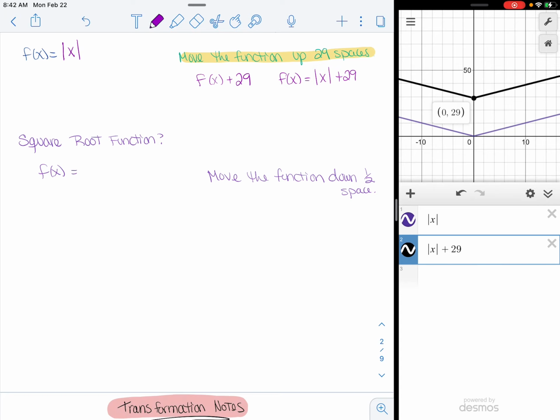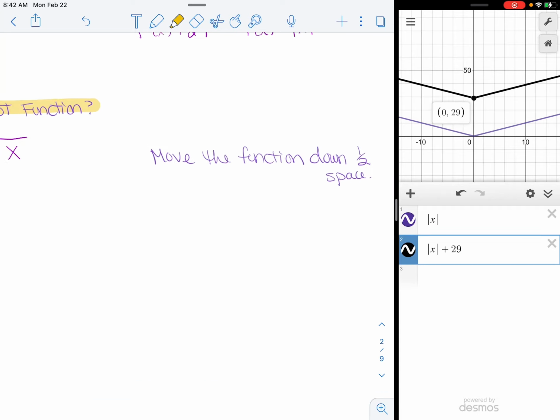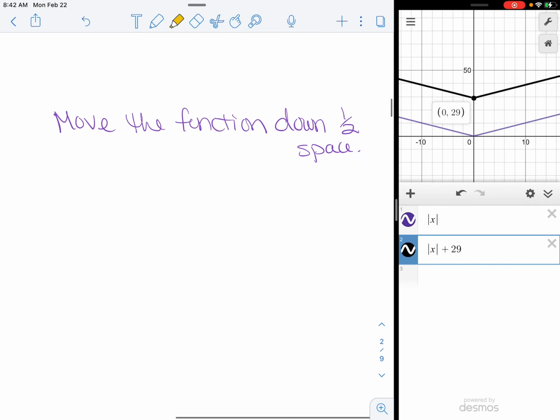All right. And then lastly, let's take a look at the square root function. So remember, your square root function, the parent function is the square root of x. And this is asking me to move that down half a space. All right, so then we would do f of x is equal to the square root of x, after the symbol ends, minus 1/2.